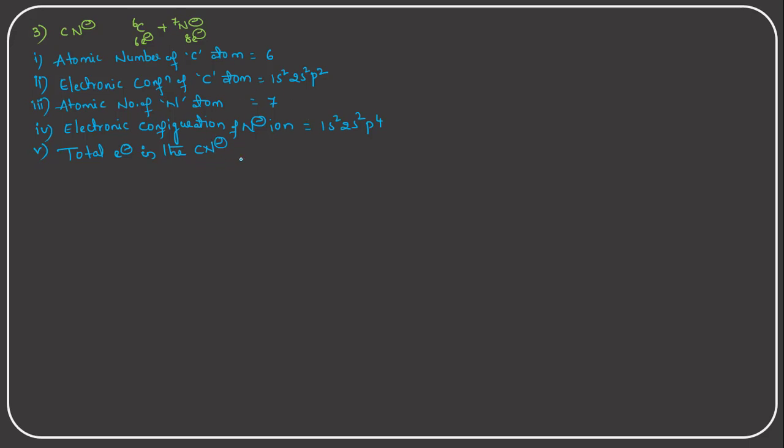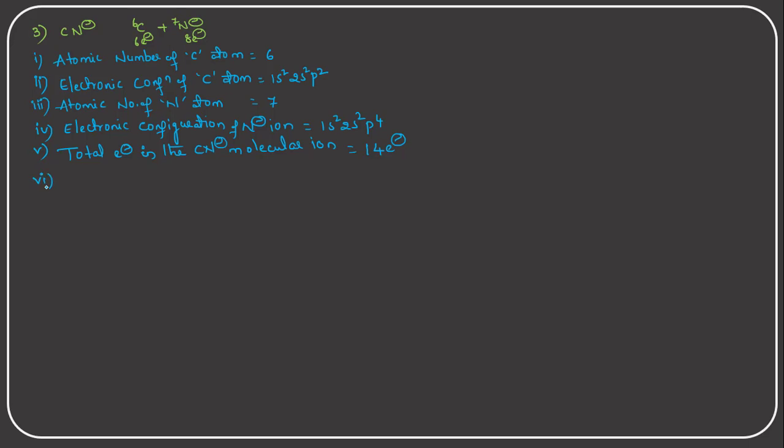Instead it is carrying one charge, a negatively charged species. So that is the reason I am calling this a molecular ion, right? So how many electrons are present in total? Here 6 electrons and here 8 electrons, so a total of 14 electrons are present in this molecular ion.